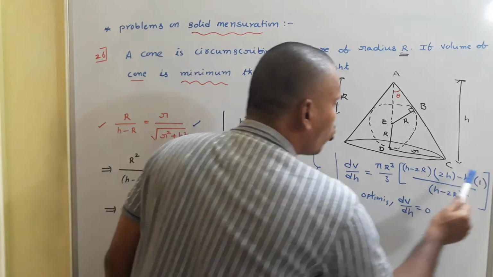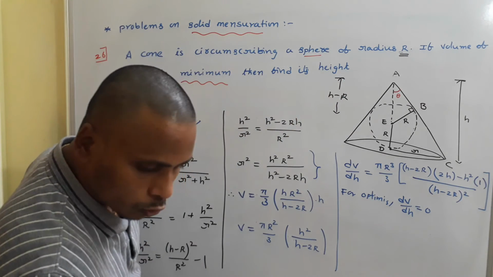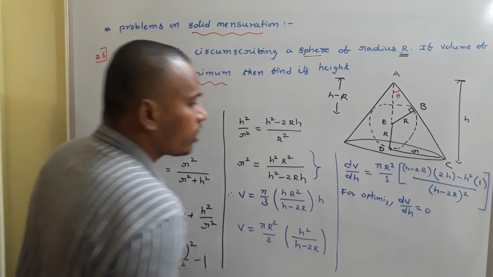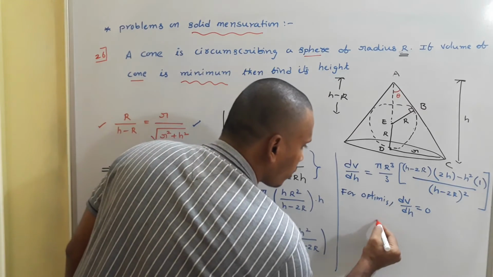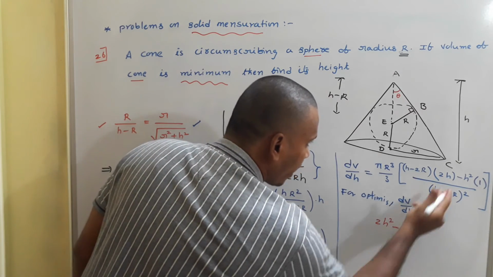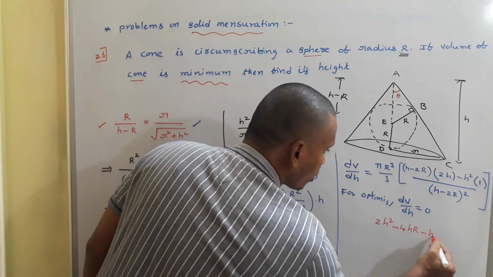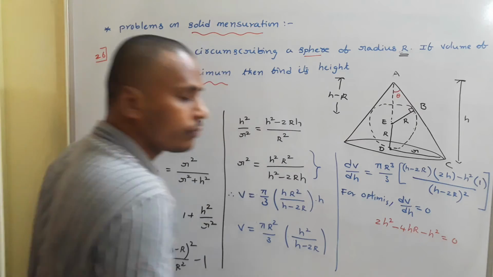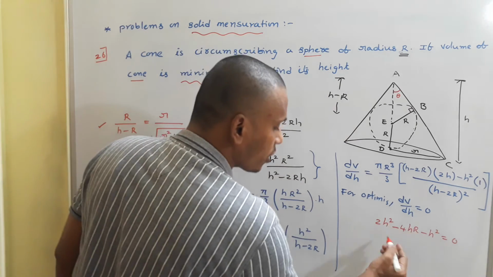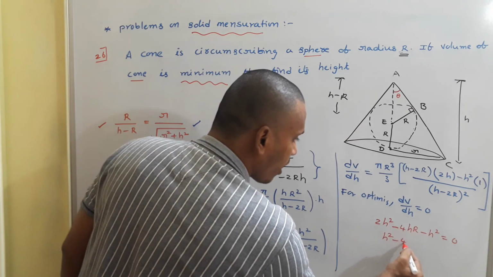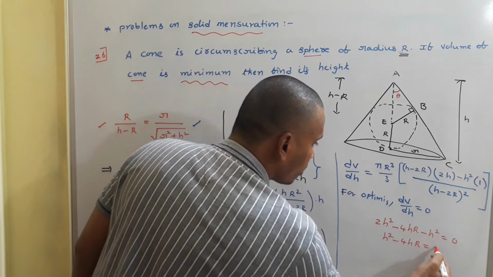You left with this numerator only, and now you just try to simplify this numerator part. 2h into h is 2h square minus 2h into 2r is 4hr minus h square is equals to 0. And then 2h square minus h square is h square minus 4hr is equals to 0.